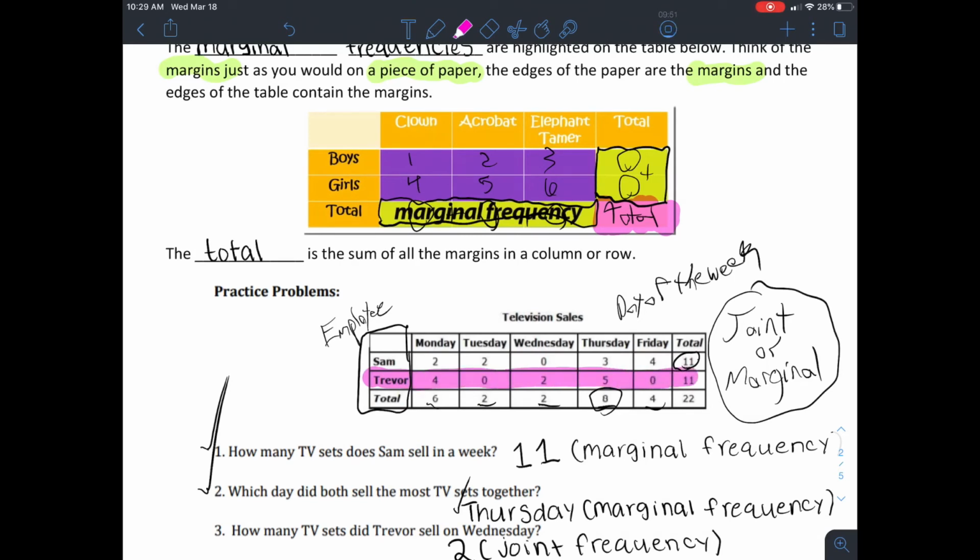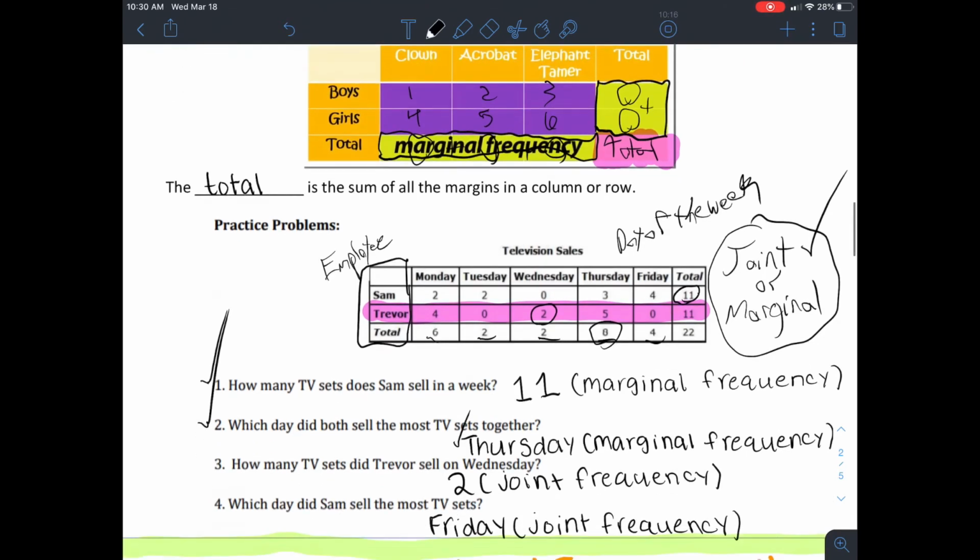Okay. So how many TV sets did Trevor sell on Wednesday? So Trevor on Wednesday, he sold 2. And is that a joint or a marginal frequency? Well, it's not on the edges of my table. It's actually in the body of my table. So that tells me that it's a joint frequency.